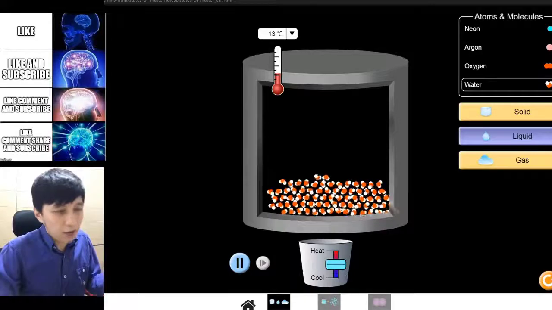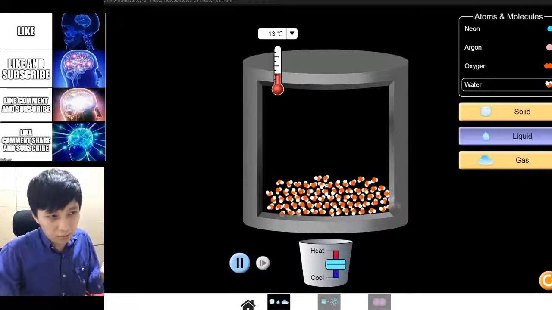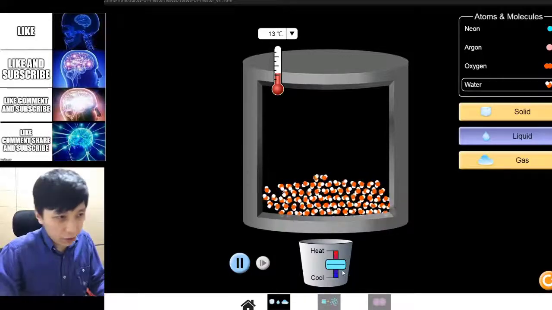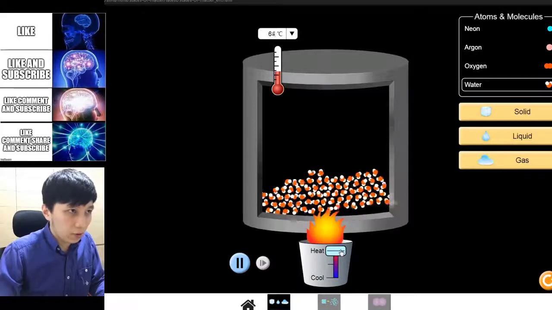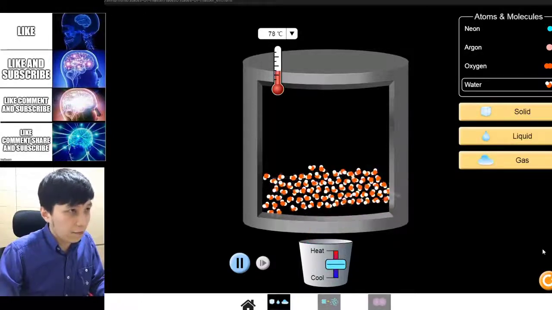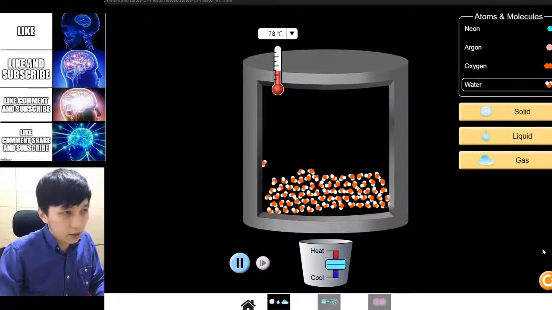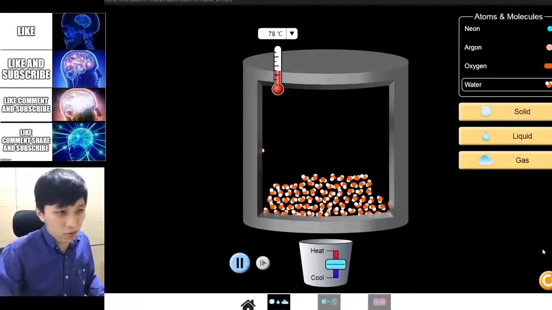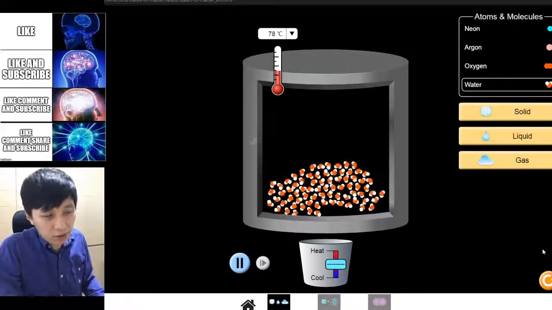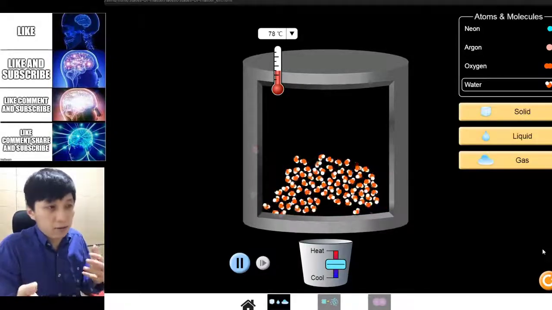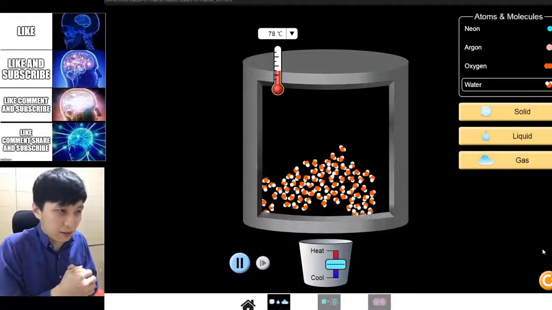And all particles would just be behaving like liquid. And if I try to heat it up, okay, to say 78 degrees Celsius, in fact, you don't need to be that high. You can still do it for maybe 30 degrees Celsius, although the effect of evaporation may not be that significant.